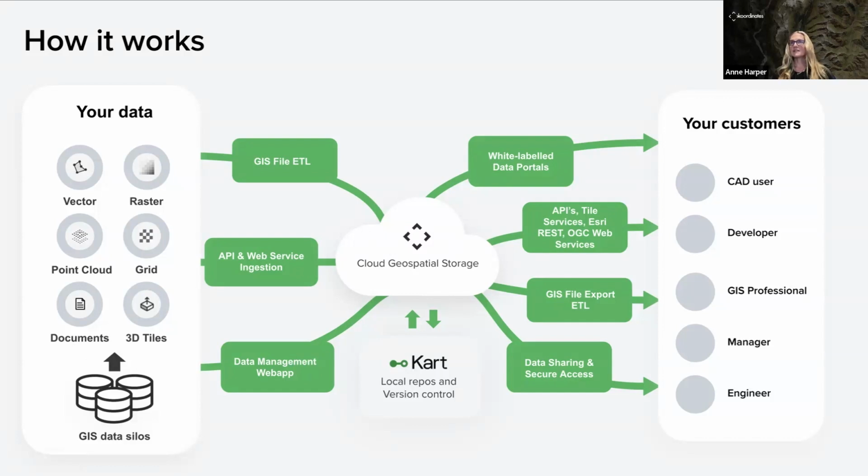Then your customers can come along and take it in whatever format they want. Again, they go into the portal or they're able to take an API, or over here, we do mention that they can choose an ETL tool like FME. But your Esri users are likely to want the data portal for their file geodatabases or the Esri REST services.